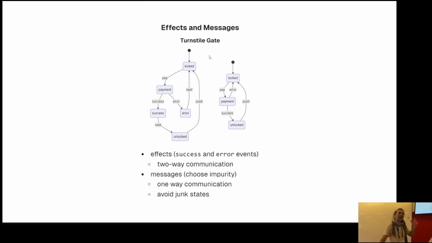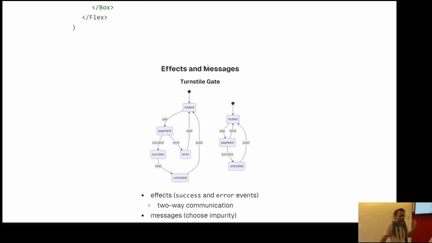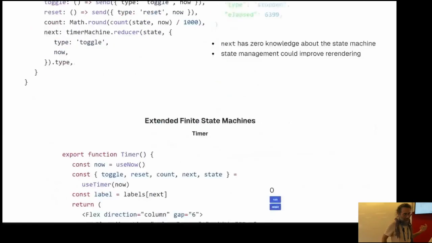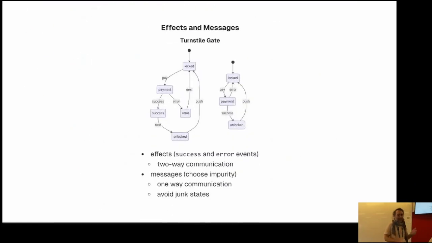So if we use, like, yeah, I didn't introduce if. Ooh, there's a slide missing. Okay, I'll do two things at the same time. So you pay, and then you wait and see whether the payment has passed or not, and then you get in a success or an error state.